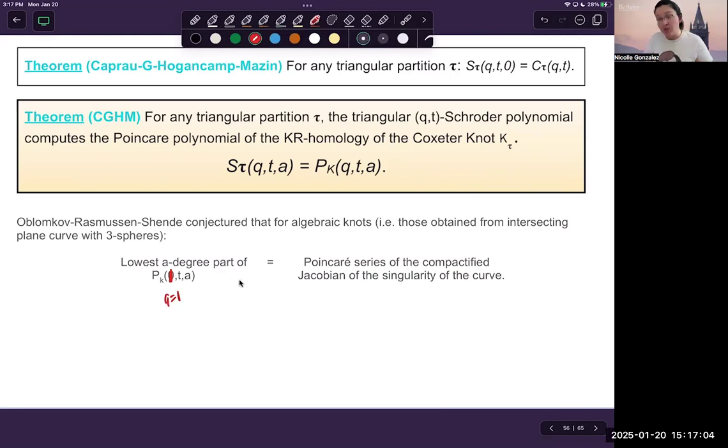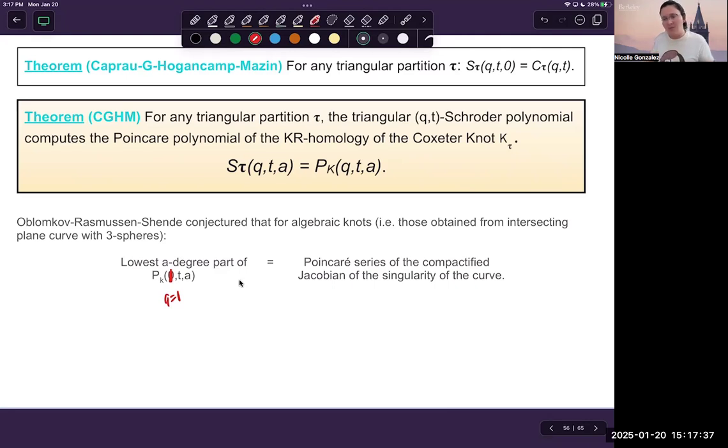That when you specialize Q to some value, and you look at the lowest degree part of this polynomial that is now in two variables, T and A, you look at the coefficient of the lowest A degree, that lowest coefficient should coincide with some polynomial that you can get from geometry. In particular, it conjecturally coincides with the Poincare series of the compactified Jacobian associated to this singularity, to this curve that is defining your knot.